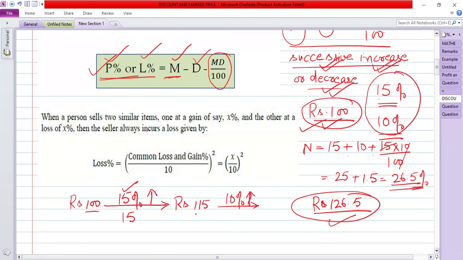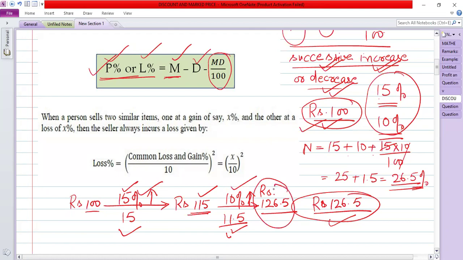So 10% of 115 is 11.5. Adding 11.5 to 115 gives us 126.5 rupees. So if we go by the ordinary way, the successive increase or decrease, we get this amount, or even if we go by the formula, we get the same amount.